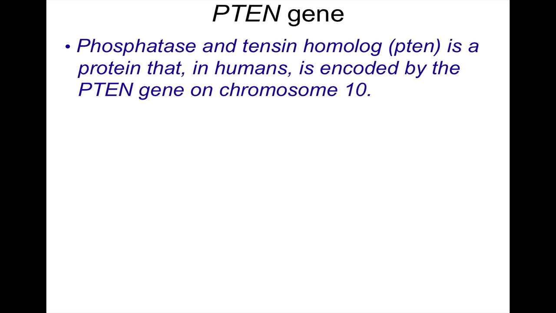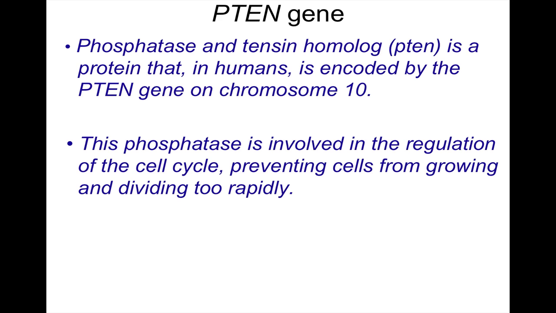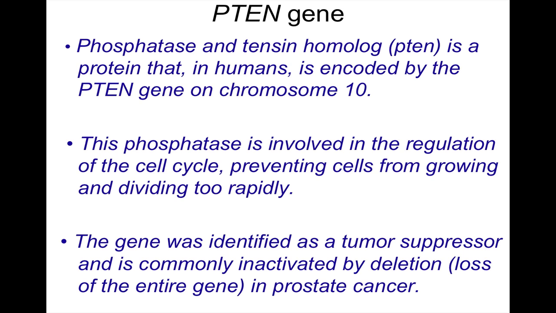Let's say a little bit about PTEN, because that's been a central part of our work over the last 5 years. This is a tumor suppressor gene. It's a phosphatase, and the reason it's called PTEN is phosphatase and tensin homolog. The gene itself is present on chromosome 10, so it's fairly easy to remember. It's involved in regulation of the cell cycle by preventing cells from growing and dividing too rapidly.